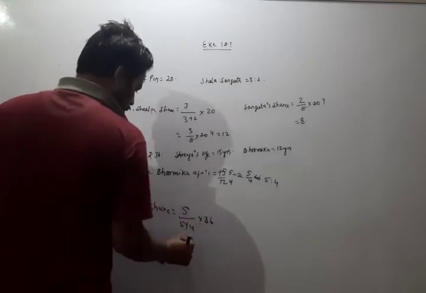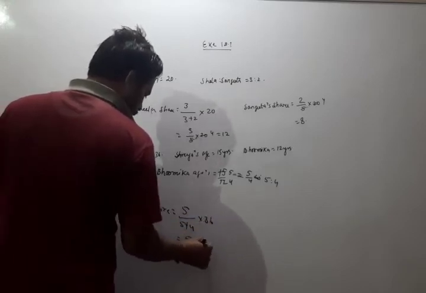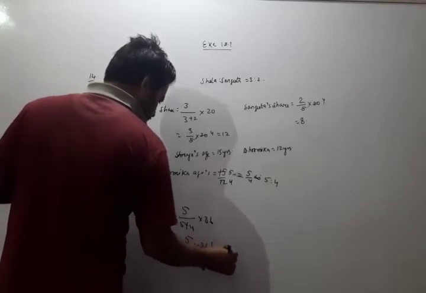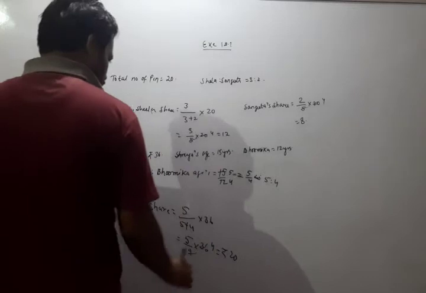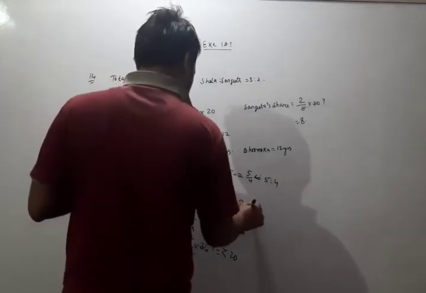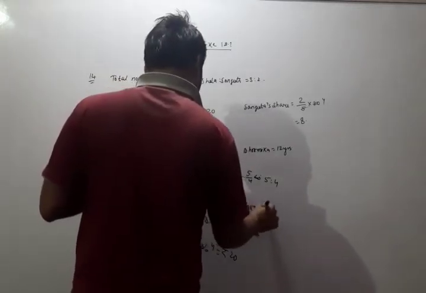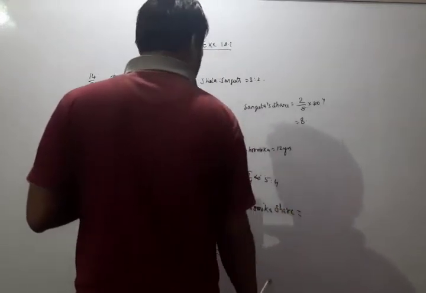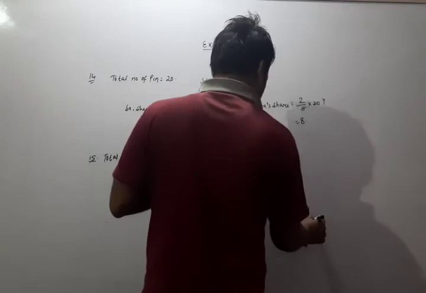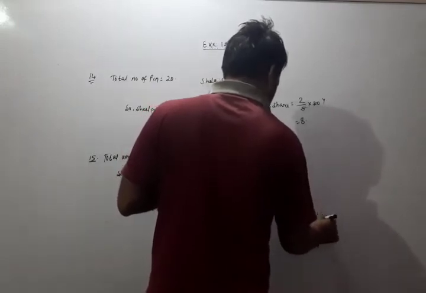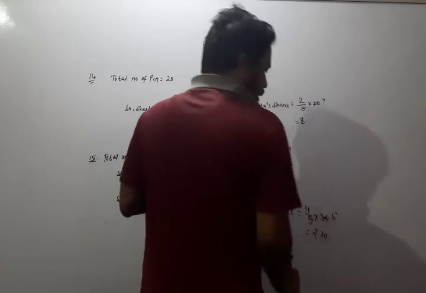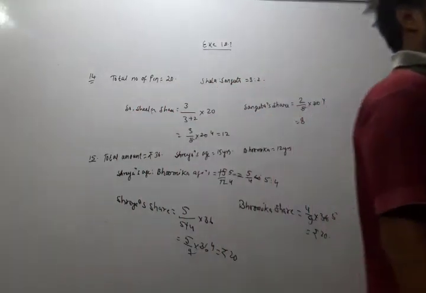So 5 upon 9 into 36, that is 20. Now Bhumika's share will be 4 upon 9 into 36, that is rupees 16.